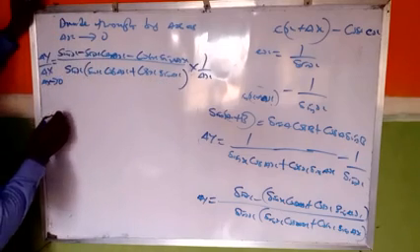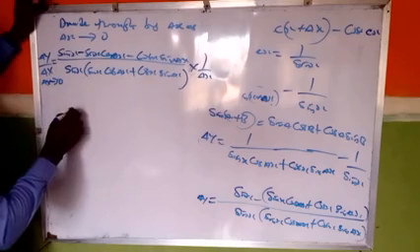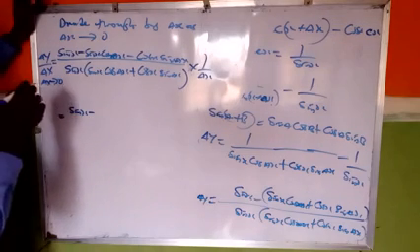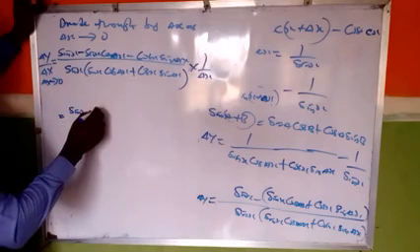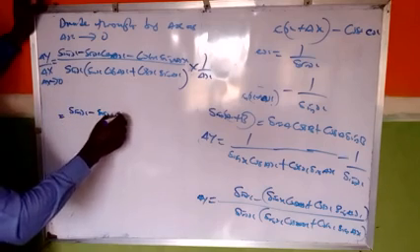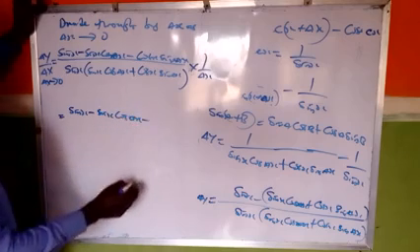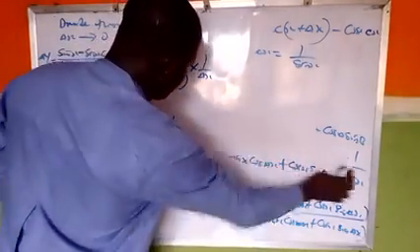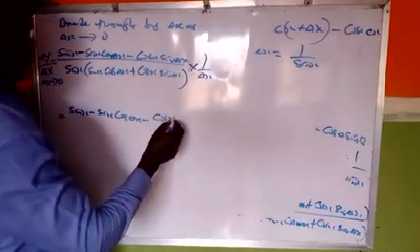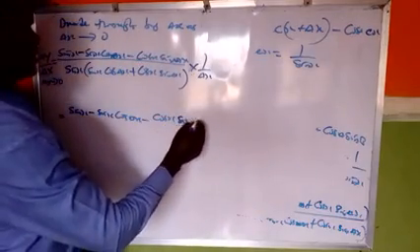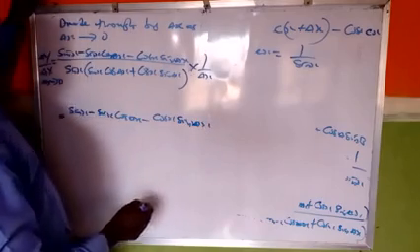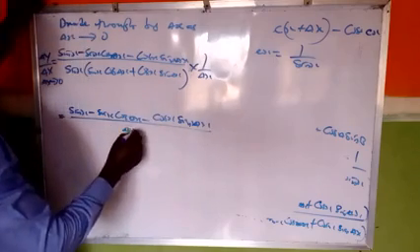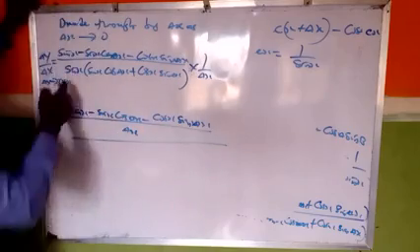So what you are going to have is sine x minus, then here you have sine x minus what? Sine x cos change in x minus cos x sine change in x. So divided by change in x over this.